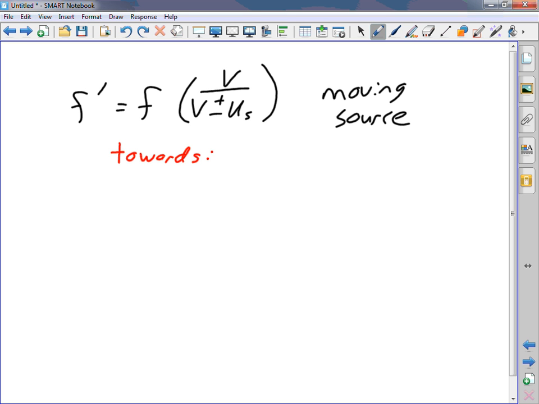So this U sub S is in the denominator. If U sub S was 0, this would be V divided by V, which is 1. To get this entire thing in parentheses to become greater than 1, it is a multiplication term, a constant that we're multiplying frequency by. Do you want to subtract off the V or add to the V?